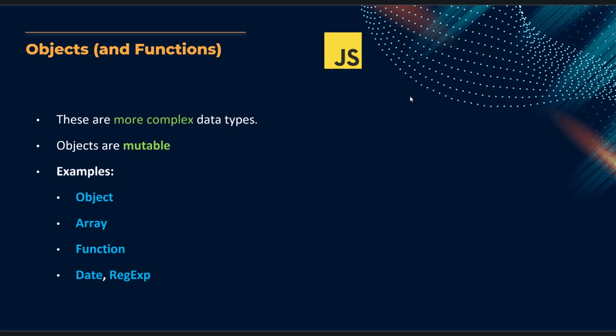This means we can change their properties after they've been created. Examples include a plain object, an array, a function, and there are others too, like Date for working with dates and regular expressions for pattern matching. We'll be spending a lot of time exploring object types in detail later on, so you'll get very comfortable with them.